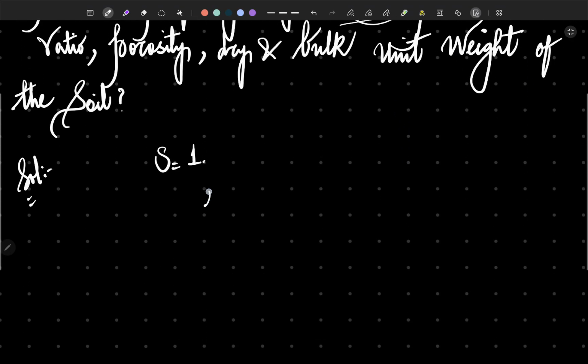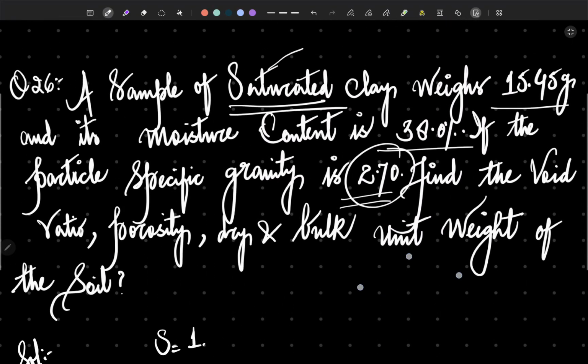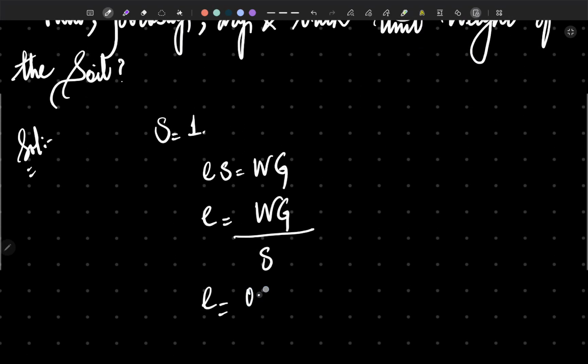Specific gravity is also given, 2.70. Let me use this equation, eS is equal to wG. I'll be arriving at the void ratio first, e equals wG divided by S. So e, water content was how much? 38%, 0.38.